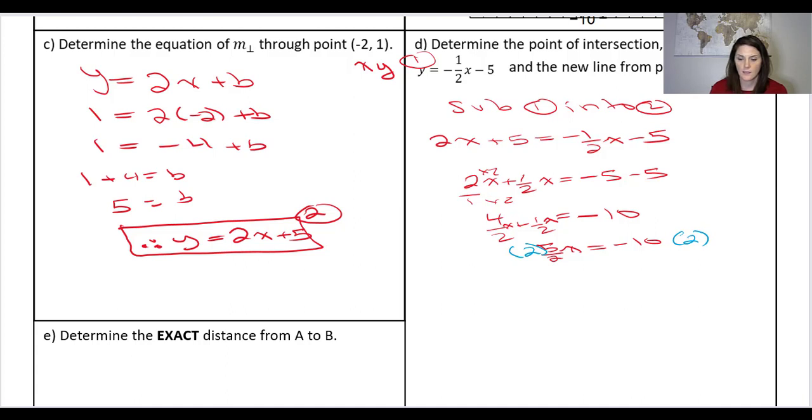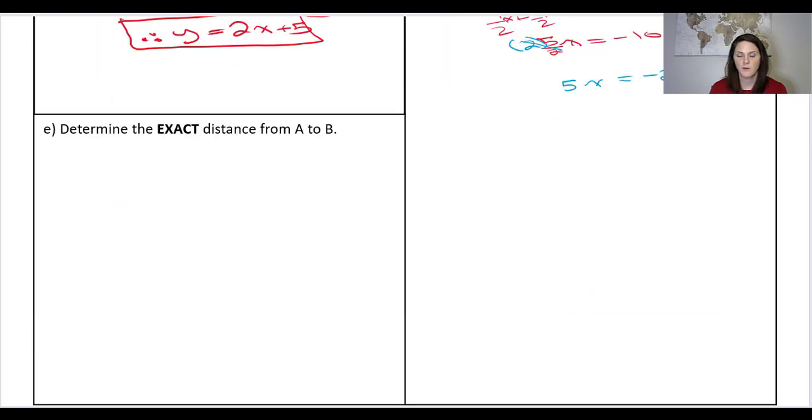So we get the 2's canceling out on the left, so 5x is equal to negative 20. So we divide both sides by positive 5. So x is equal to negative 4. Then we're going to sub x equals negative 4 into equation number 2.